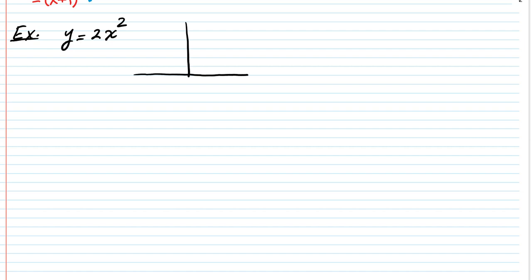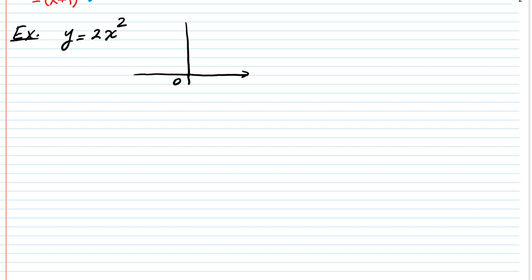Okay, now let's take a look at a simple example where you have to do a vertical stretch or compression. Suppose I have y equals 2x squared. The underlying function is the parabola, right?